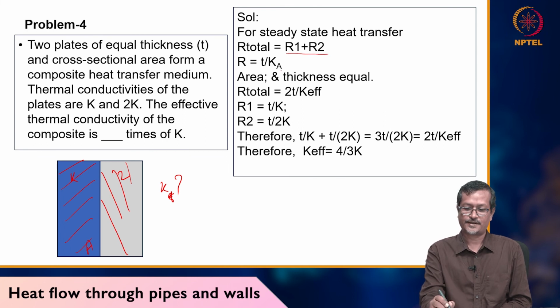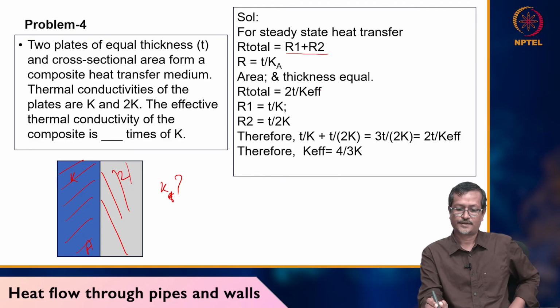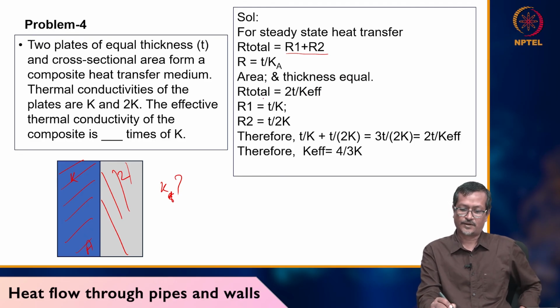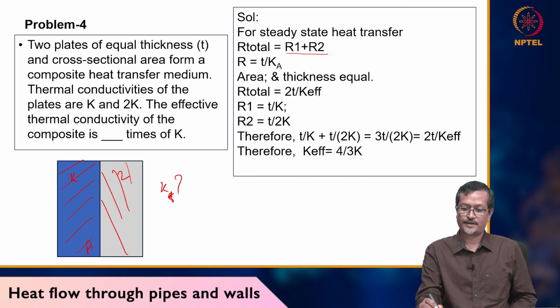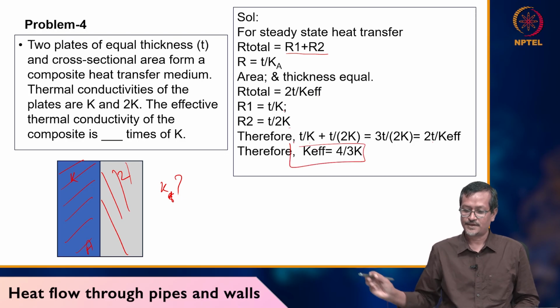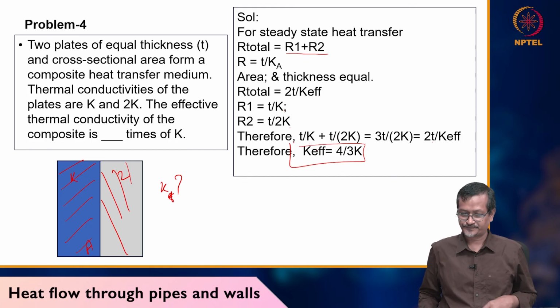So R is T by KA, area and thickness equal. R1 is T by K, R2 is T by 2K. So therefore T by K plus T by 2K equals 3T by 2K. So 2T by K effective. Therefore K effective is 4 by 3 K.